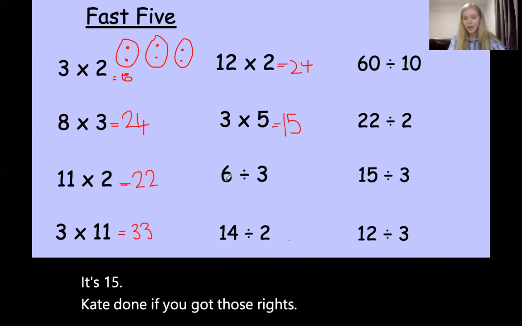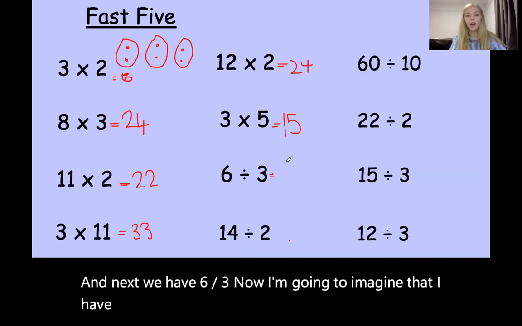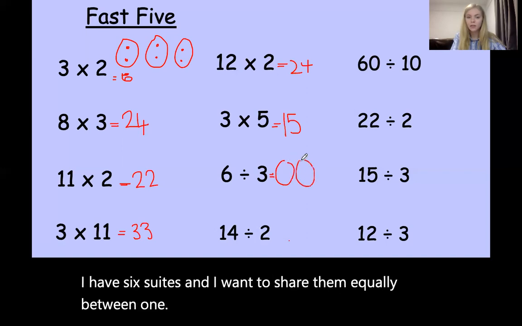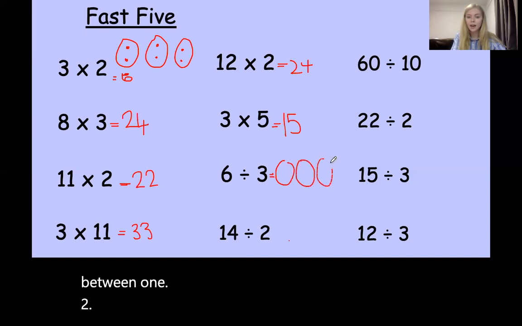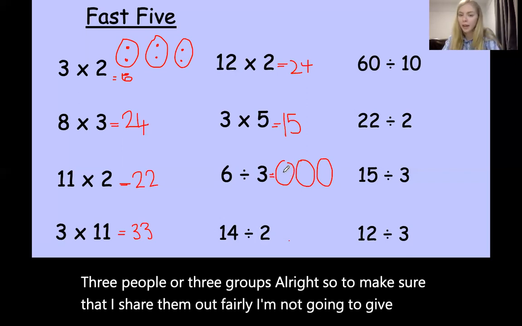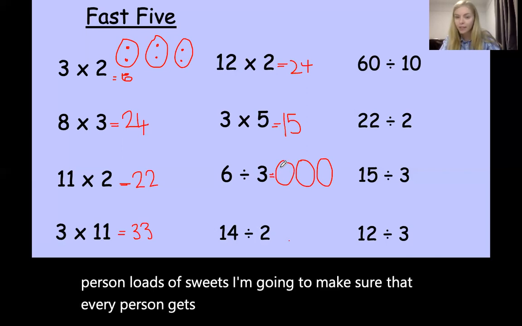And next we have 6 divided by 3. Now I'm going to imagine that I have 6 sweets and I want to share them equally between 1, 2, 3 people or 3 groups, all right? So to make sure that I share them out fairly, I'm not going to give one person loads of sweets. I'm going to make sure that every person gets 1 each first.